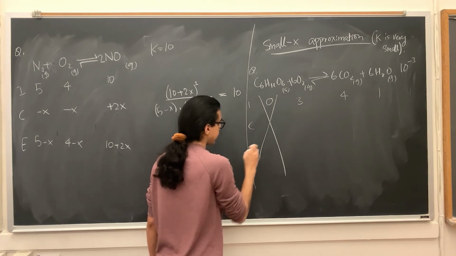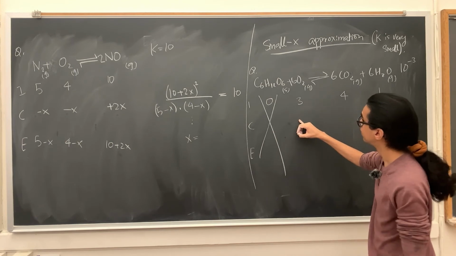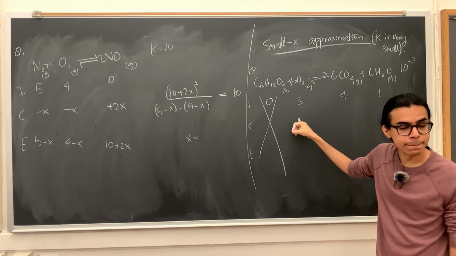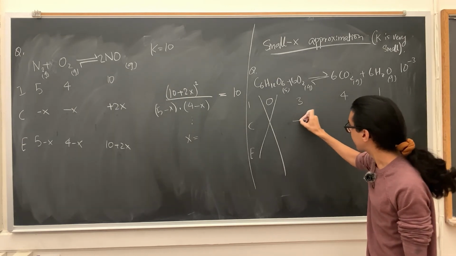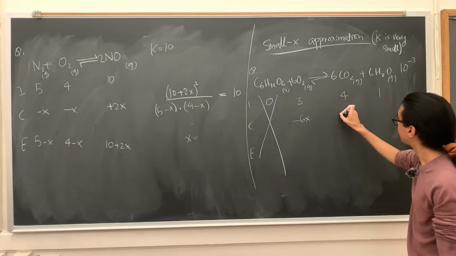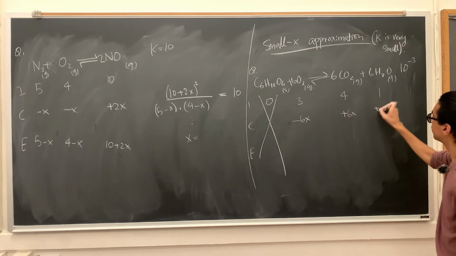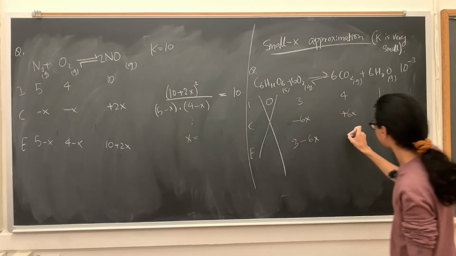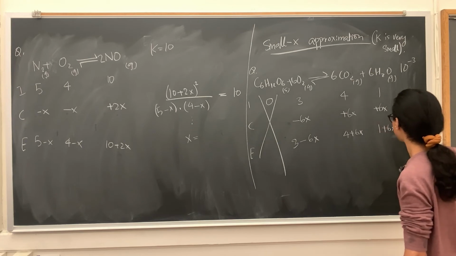Great. C and E. What's the C here? What x term goes here? Negative 6x, good. And here? Yep, positive 6x, coefficient is 6, and here also 6x. So add them up: 3 minus 6x, 4 plus 6x, and 1 plus 6x.